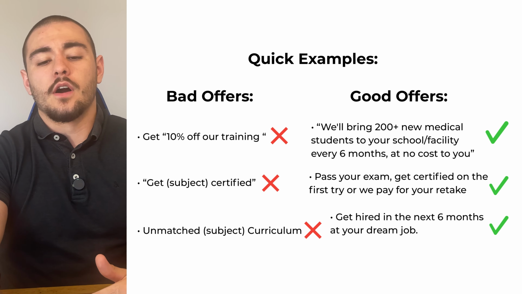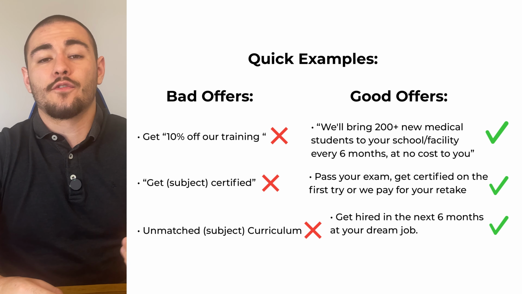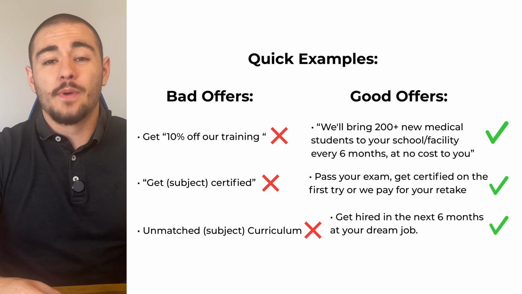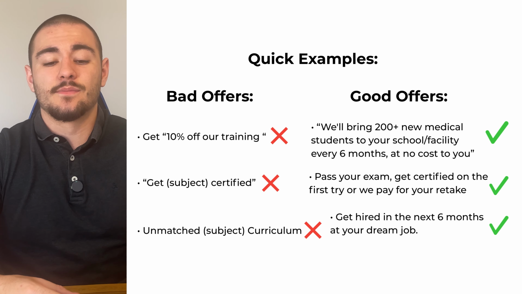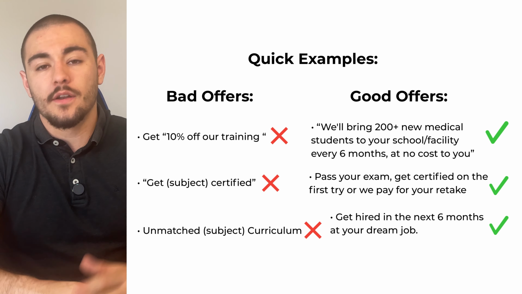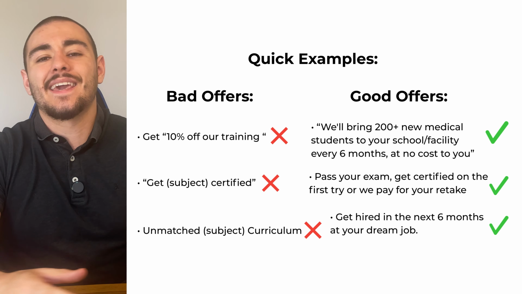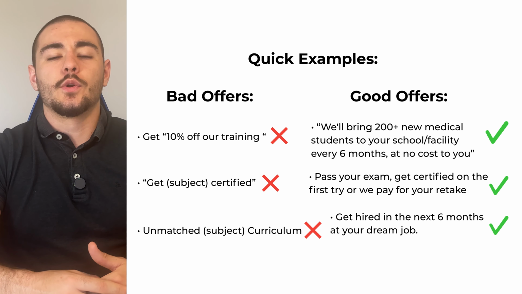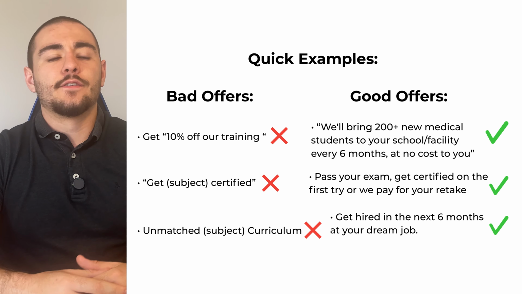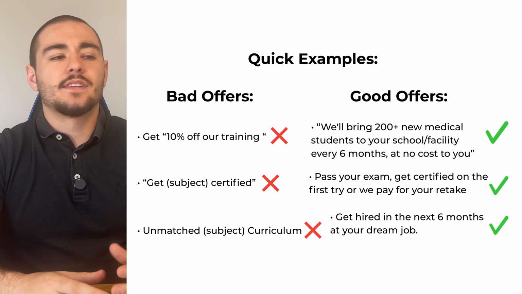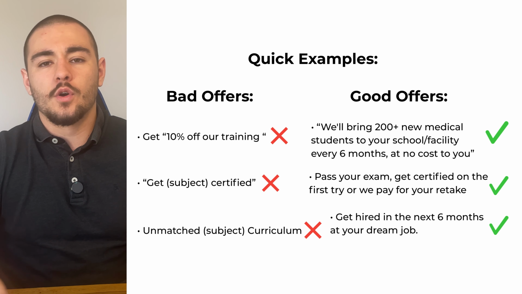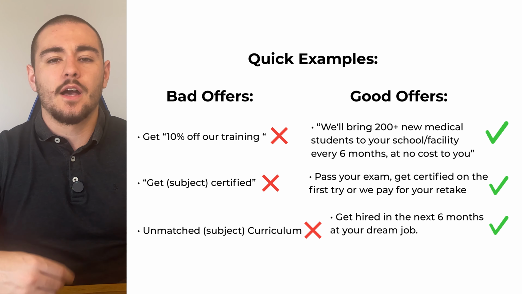So a better offer would be get hired in the next 6 months at your dream job. That's what the person actually wants. They don't care about the curriculum. They don't care about how efficient your program is, and if you're using AI and chatbots, and if the internal roadmap is perfect, and if it follows psychological patterns to help the person learn.